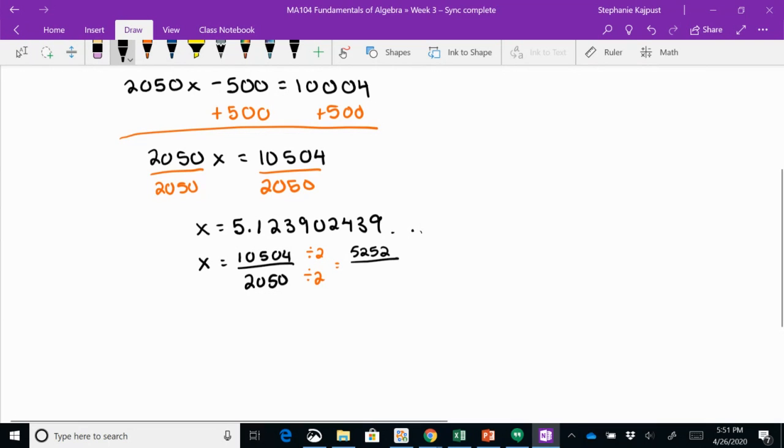So I divide both the top and the bottom by 2. Now 52 is even, but 1025 is not. I don't think that reduces any further. I don't think they have anything else in common. My calculator will not do anything else with that, so that's as far as that reduces.